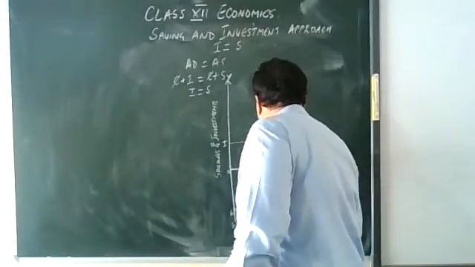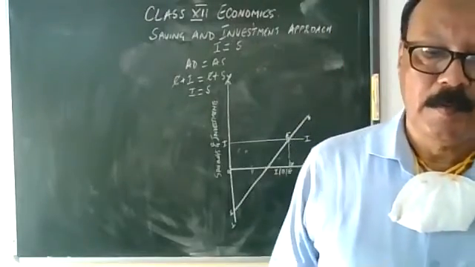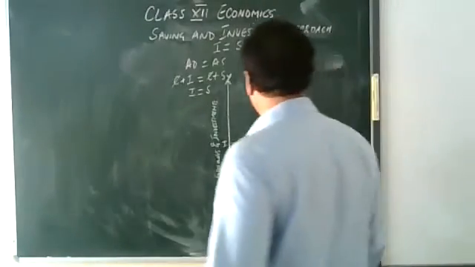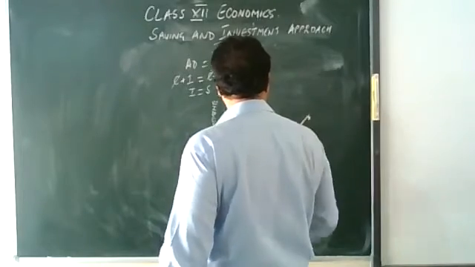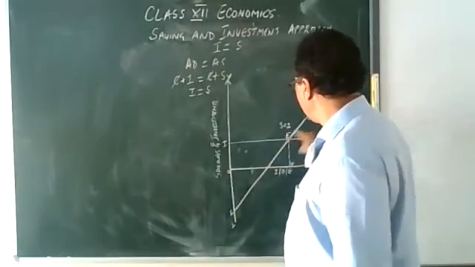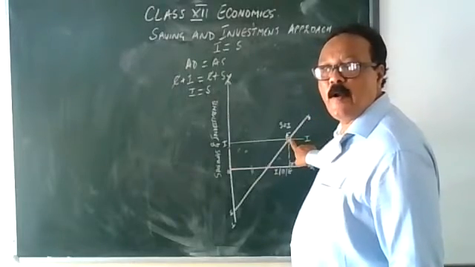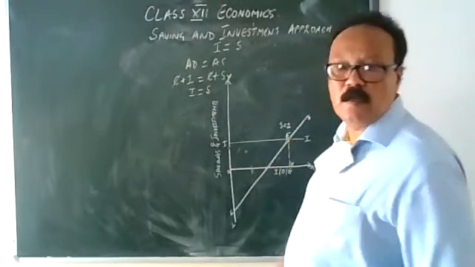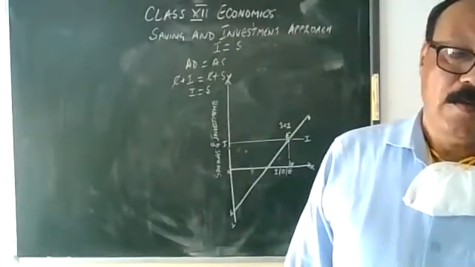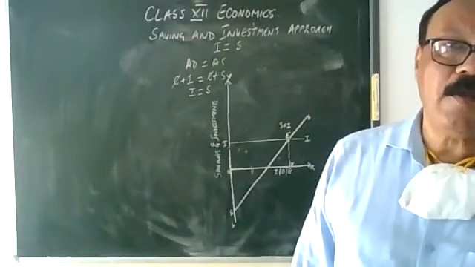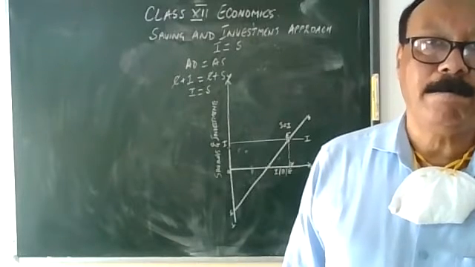Equilibrium point will be at this place where S is equal to I. When the saving curve cuts the investment curve at a point, that point P is called the point of equilibrium, where S is equal to I.